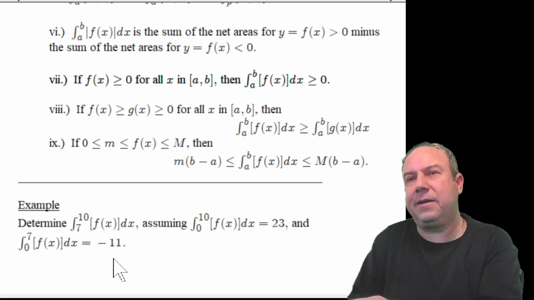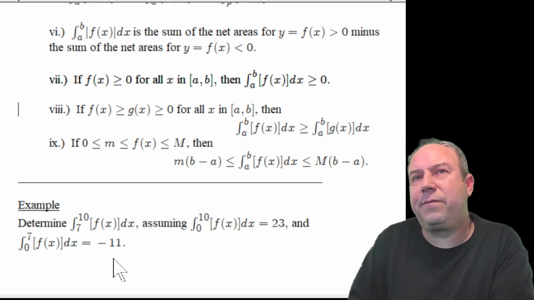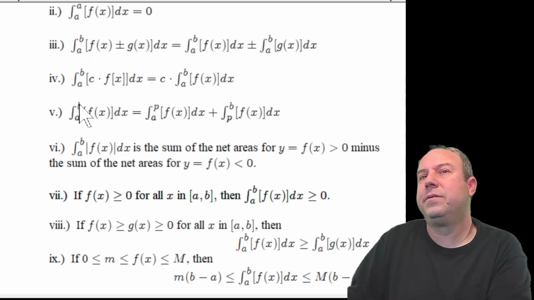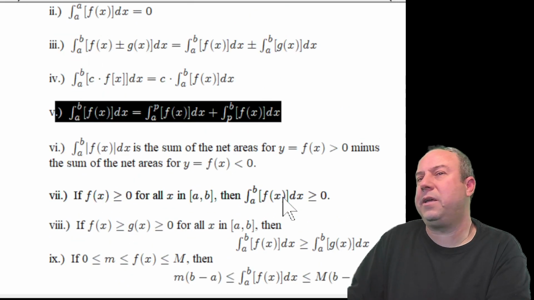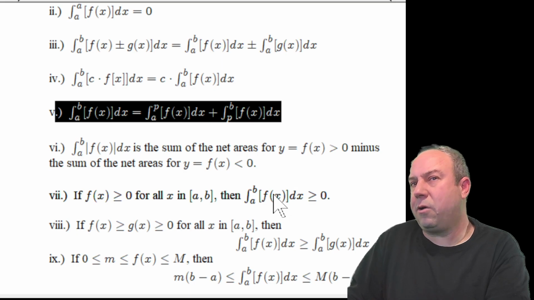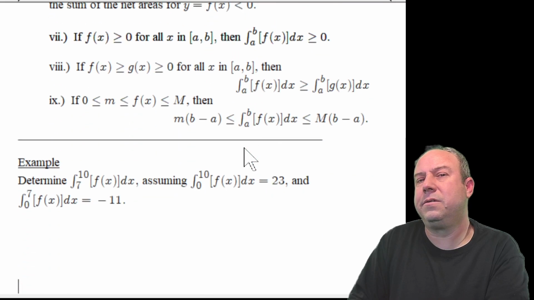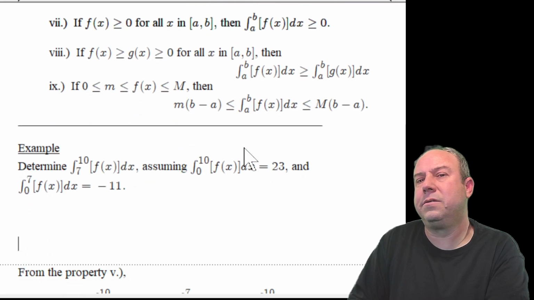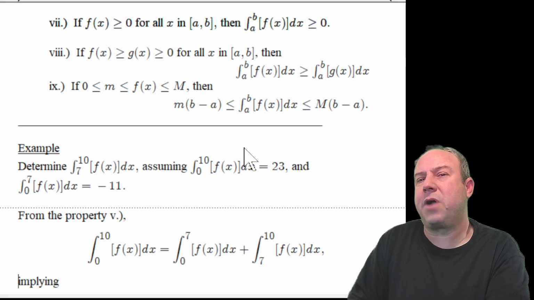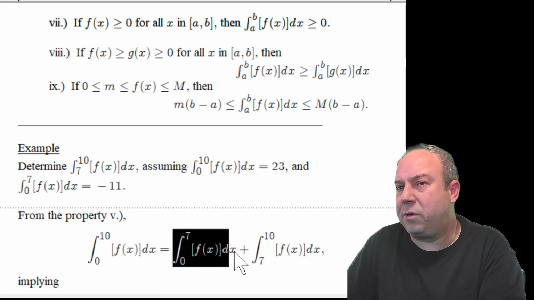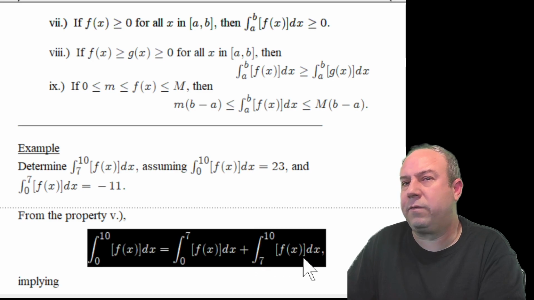Well, applying the property above for the summation here, this fifth property, I can go through and show from property 5 that the integral from 0 to 10 must be equal to the integral from 0 to 7 plus the integral from 7 to 10.